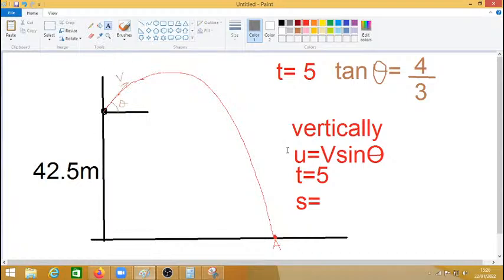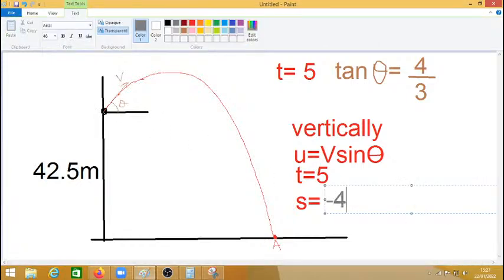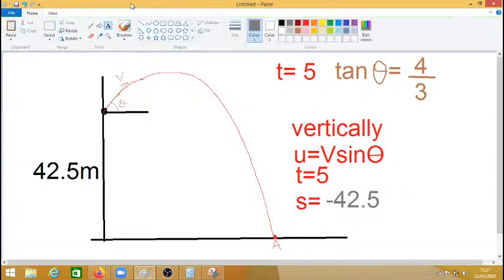So we can say that the displacement is 42.5, but just be careful because we're going upwards, so we need to put a minus 42.5, because this is not going 42.5 up into the air, it's going 42.5 down into the valley below. So just be careful of that.